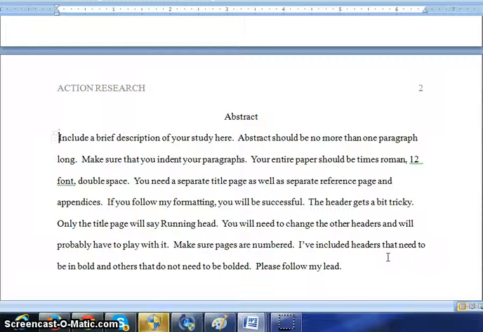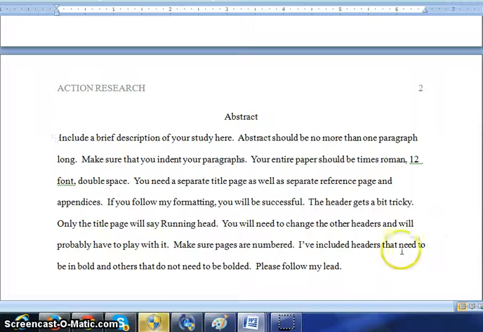And as I said in the last video, you may have to go to Google to get some tips on how to make your first page header different than all your other pages. And make sure that all your pages are numbered. I've included the headers for the rest of the paper.